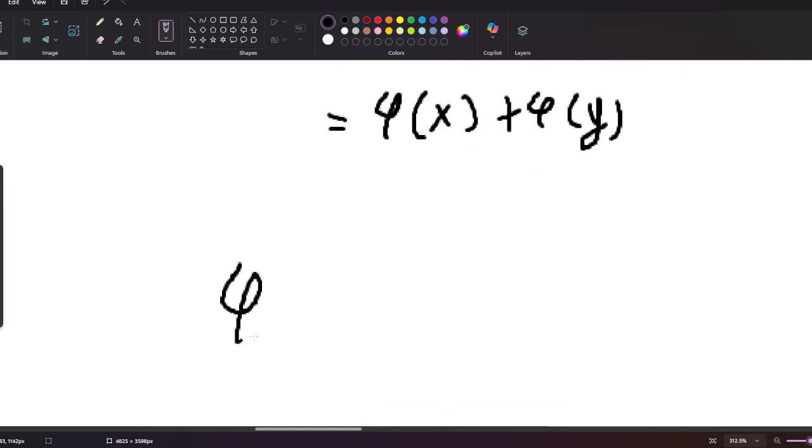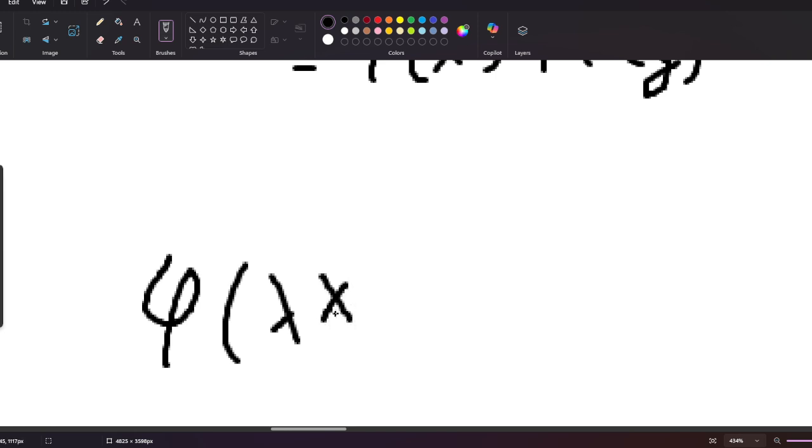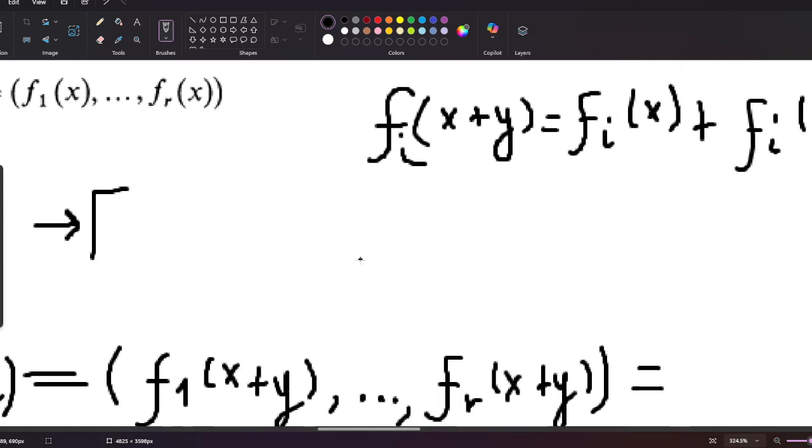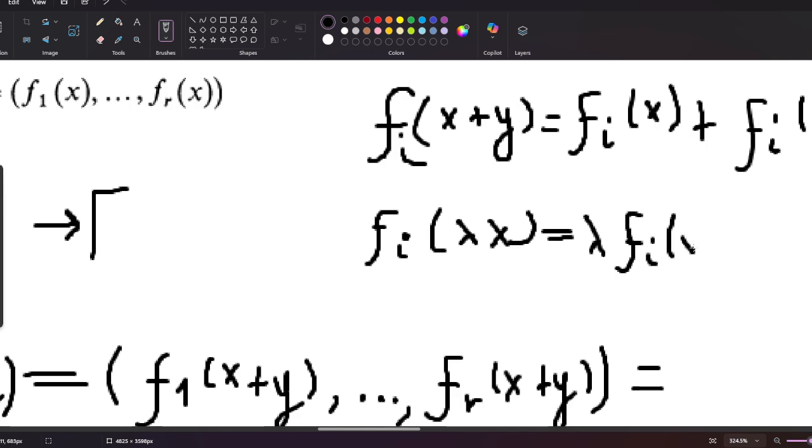Now we need to prove the other one with the scalar. So we're to apply this. Again, properties of linear functions are going to come in handy. It's just going to be lambda times f_i(x).